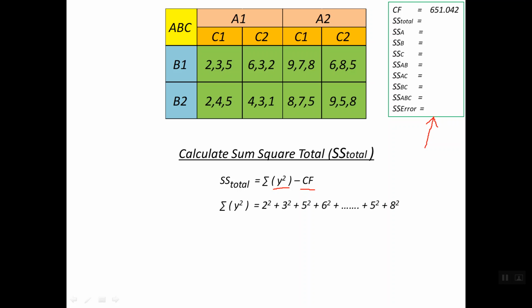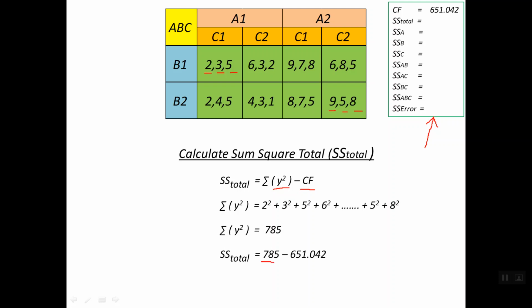We square all of the observations inside the table, starting with 2 and 3 and 5, and ending with 9 and 5 and 8. You can simply use Excel to facilitate this calculation. So the summation of the squares of all the observations is simply 785.